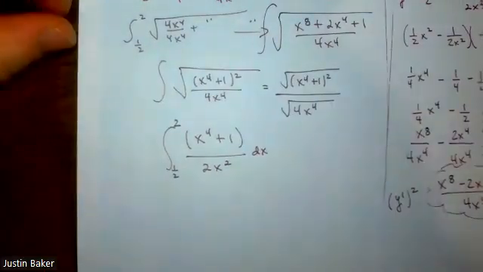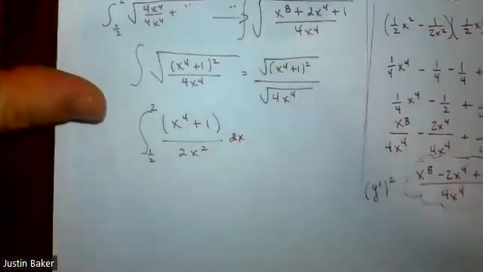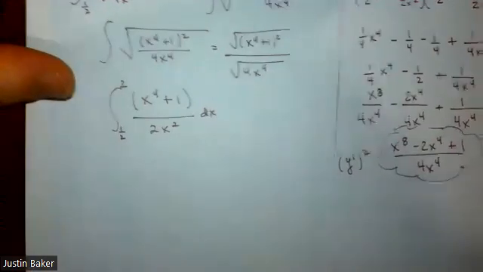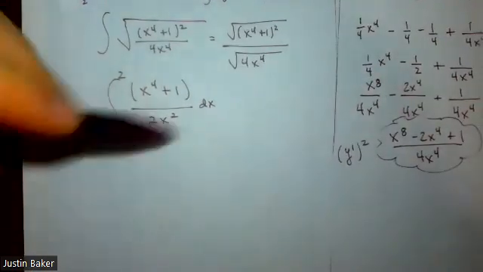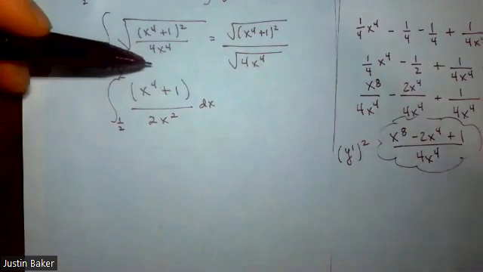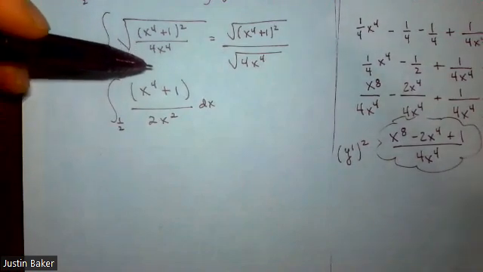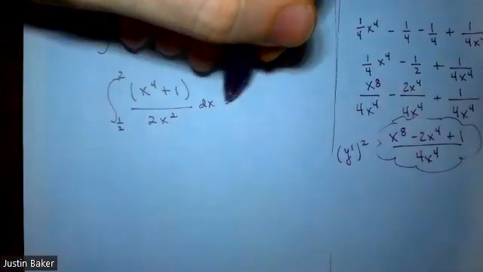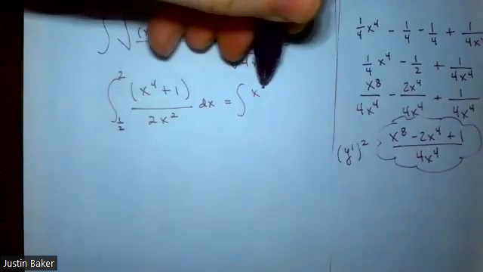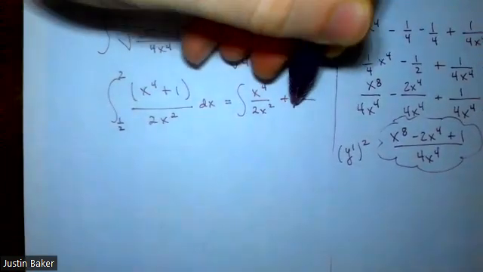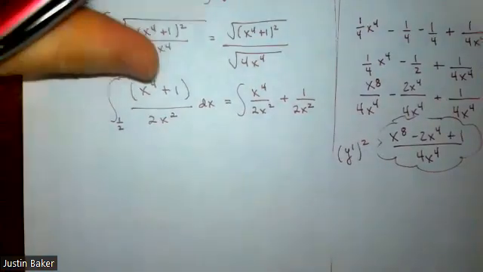Okay. So now we're finally ready to start integrating after all of that math. Does anybody have any suggestions out there? Any ideas for what sort of strategy we would use here? Split up the 1 plus 1. Yeah, exactly. Split them up. So we can just split these up and we're going to call this x to the 4th over 2x squared plus 1 over 2x squared.